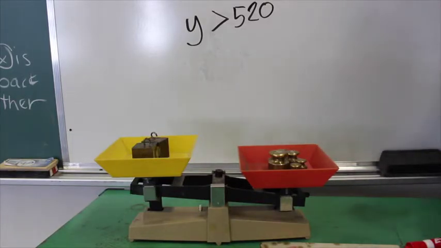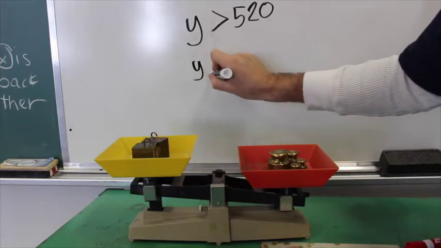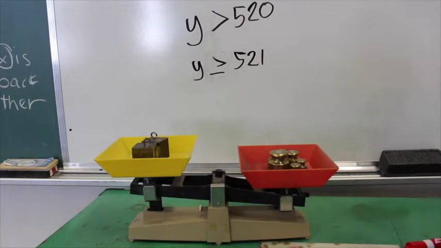But we could have a case, if it was exactly 520, then we have another type of inequality where we could say y would be greater than or equal to, let's say, 521. So this is what we're talking about today. There are multiple answers for these, and we have to find a way to find solutions for these inequalities.